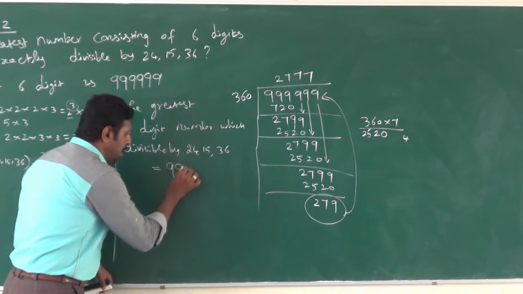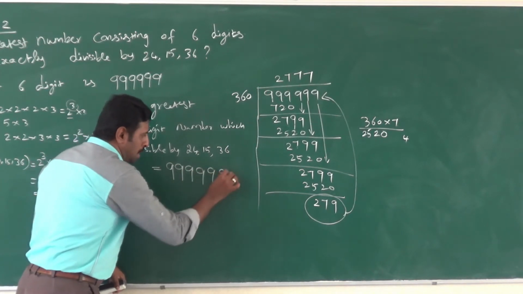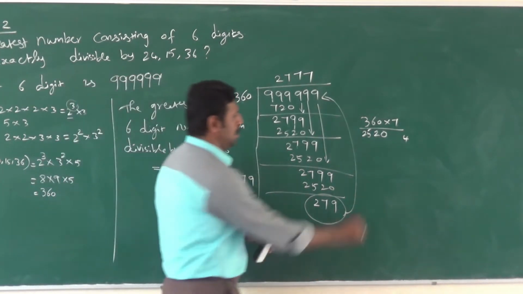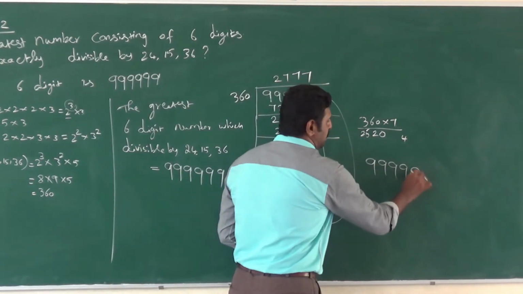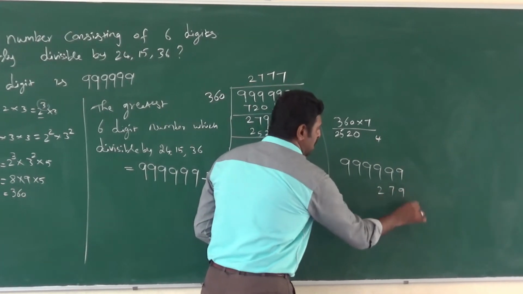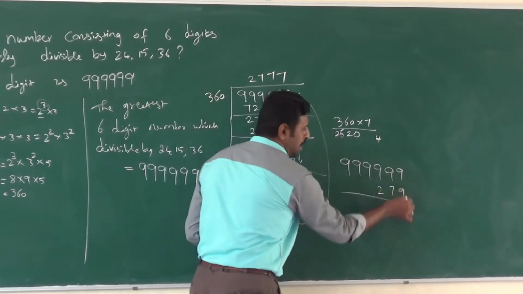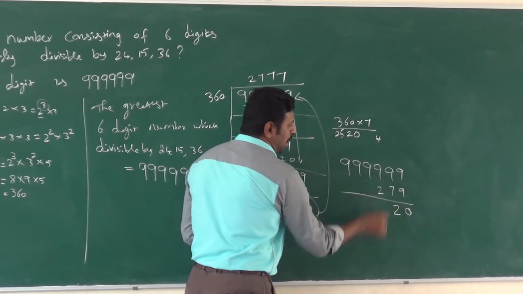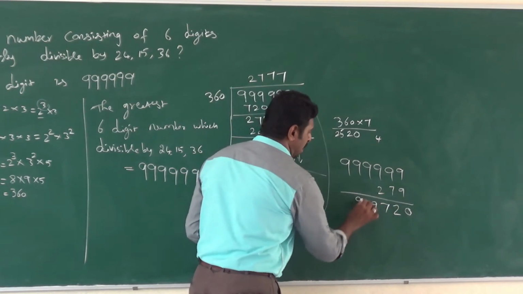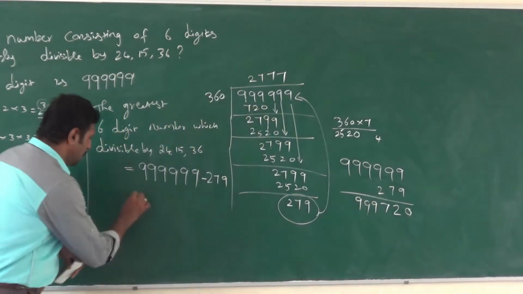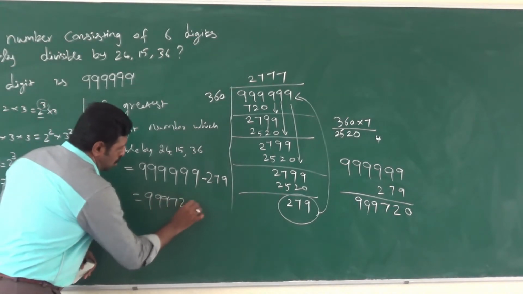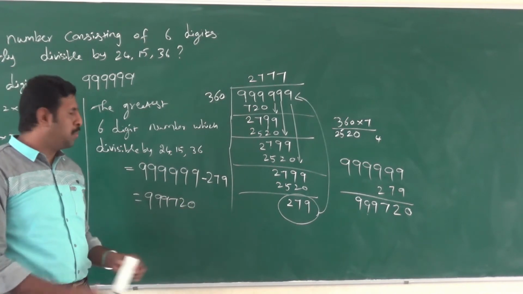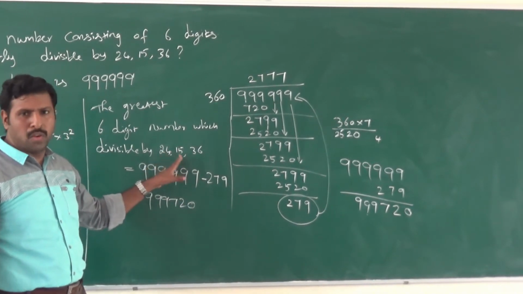The 6-digit number is 999999 minus 279. If you subtract this term, 9 minus 9 is 0, 9 minus 7 is 2, 9 minus 2 is 7, and then 9. So this is the number. So 999720 is the greatest 6-digit number which is divisible by 24, 15 and 36.